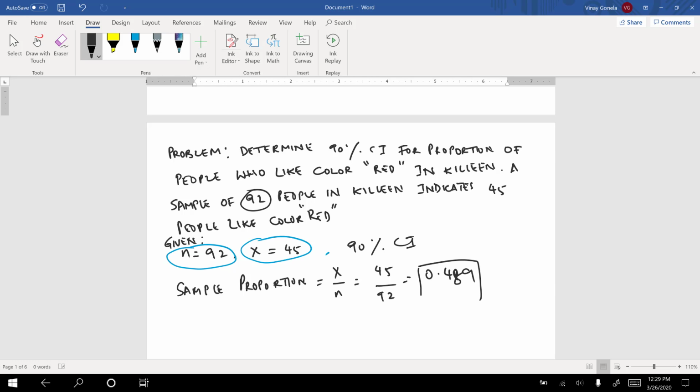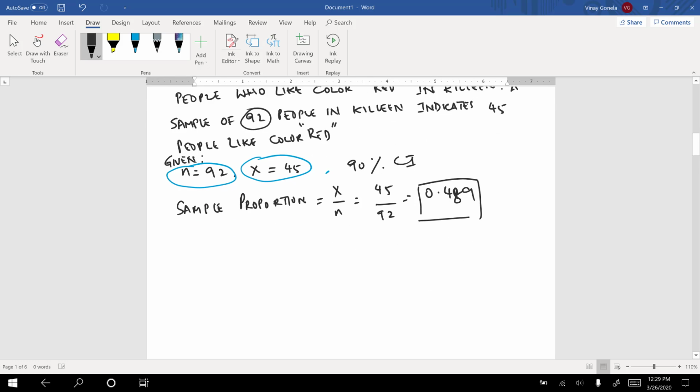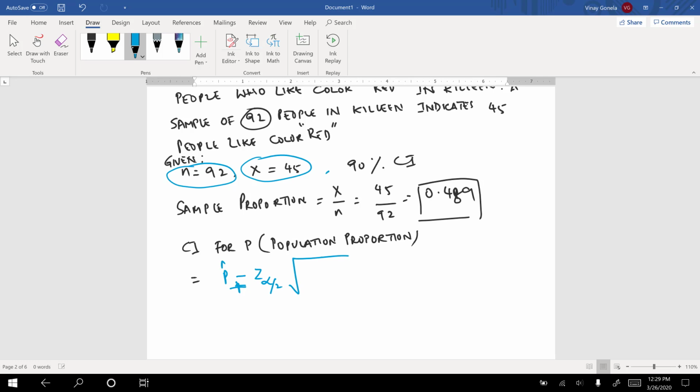So if you see our formula for confidence interval for population proportion P, the formula is p hat minus plus z alpha over 2 times the square root of p hat times 1 minus p hat divided by n.